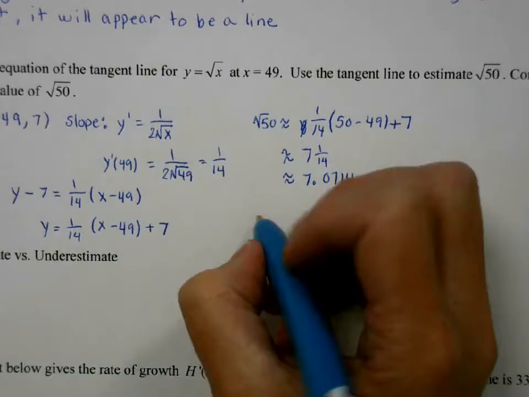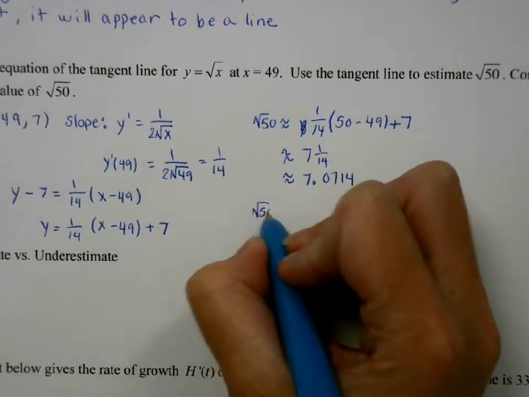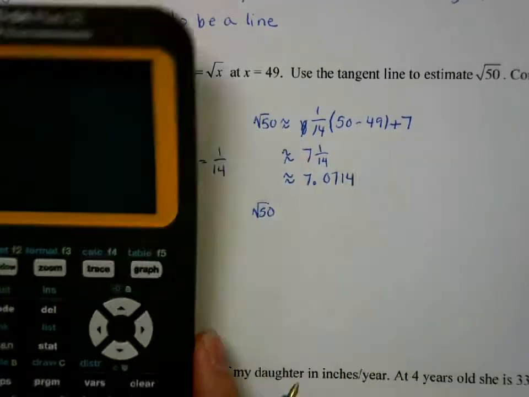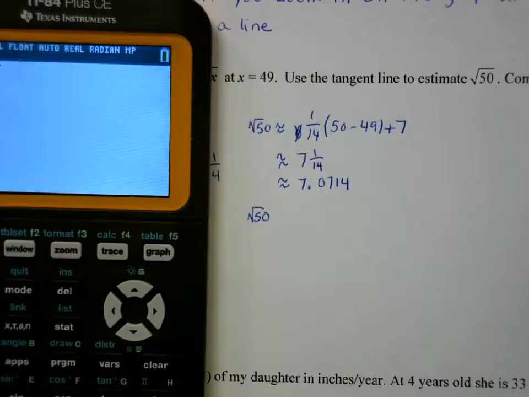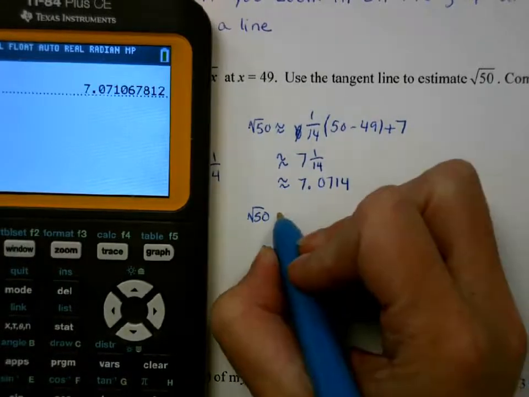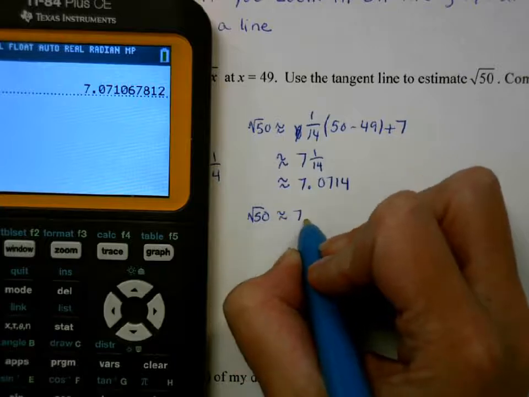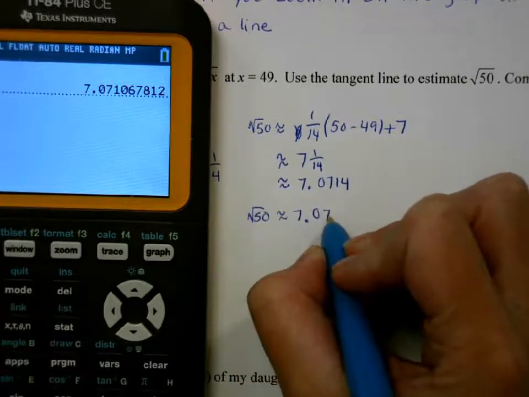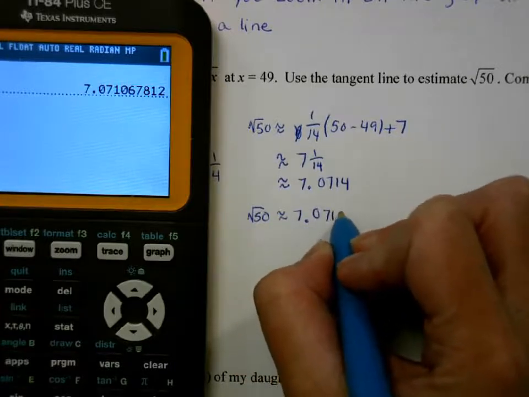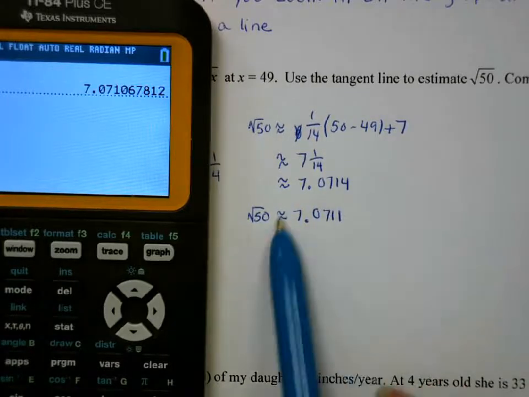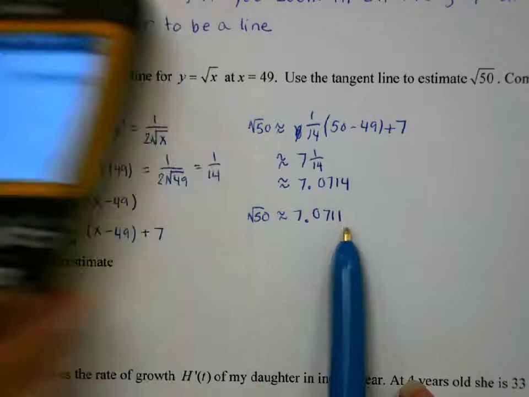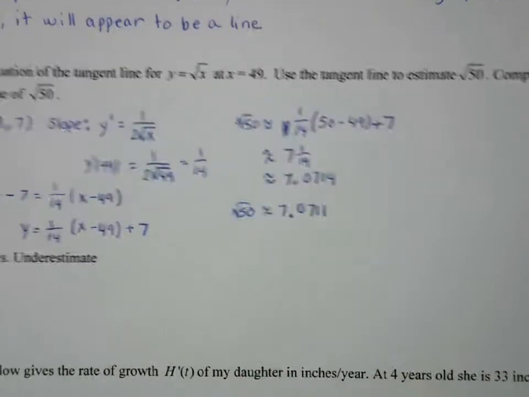Okay, if we actually do the square root of 50 in the calculator, we get something pretty darn close, 7.0711. Okay, so we were accurate, fairly good. So what happened here?